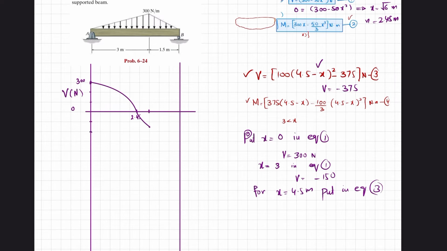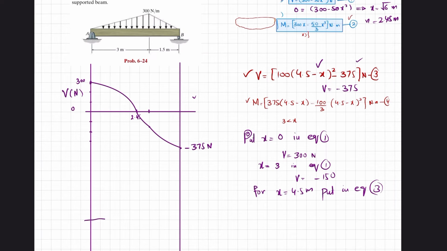So this is 200, 300, so 375 will be somewhere here. And this is also a second degree curve, and this will go down to this point. So this is minus 375 Newton. And this is your shear force diagram.